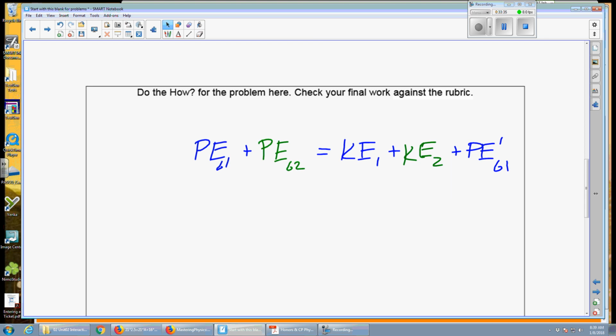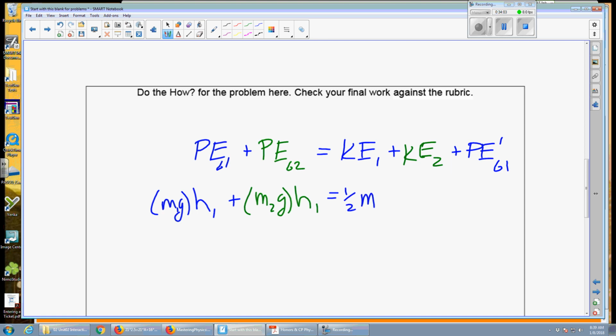Alrighty, so m1gh1 plus m2g, it's also at h1, equals 1/2 m1 speed 1 squared plus 1/2 m2 speed 2 squared plus m1g, I'm going to call that h2, just for now.